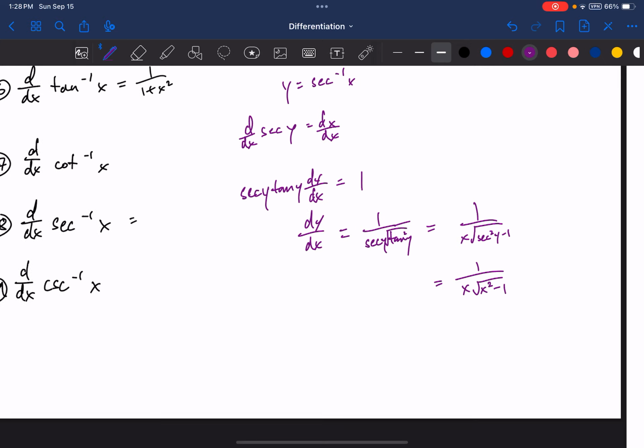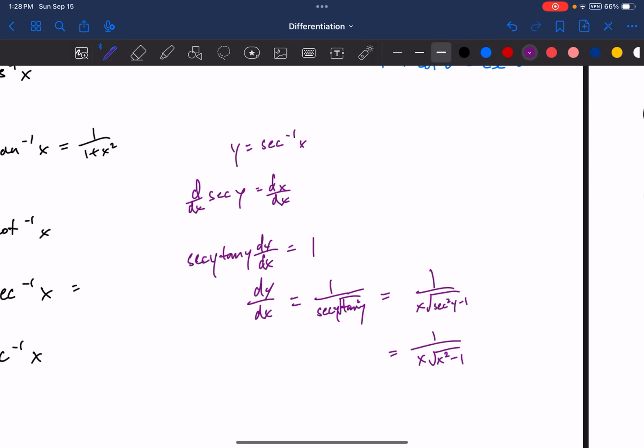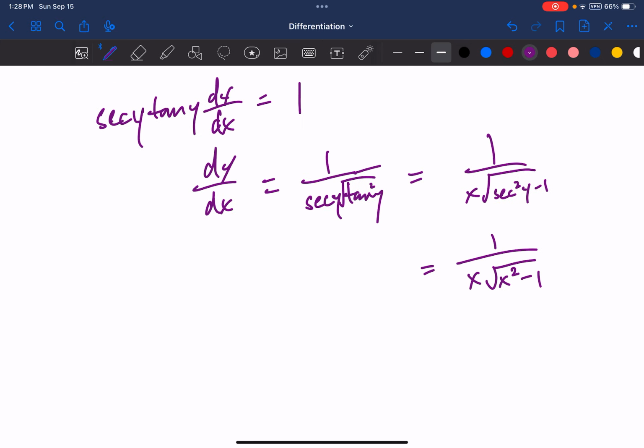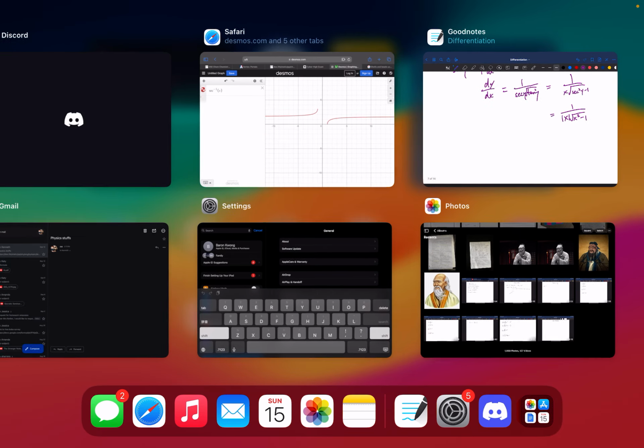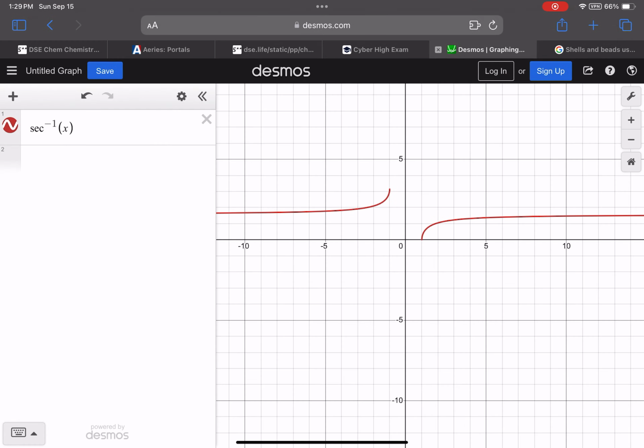Now, one thing that you have to remember for this one is that this has an absolute value. And the reason why, well, it's hard to prove this algebraically, so we just look at the graph. This is a graph of arcsecant, and you realize that all of the slopes, or all of the tangents on this graph, are positive.